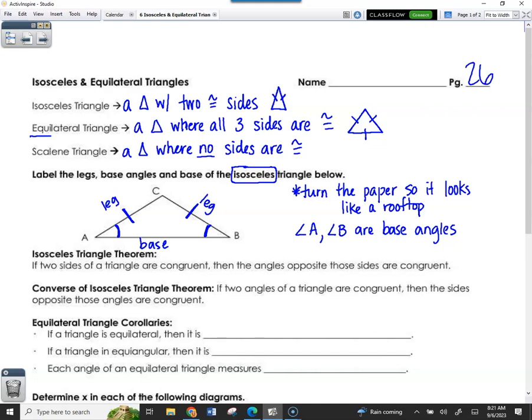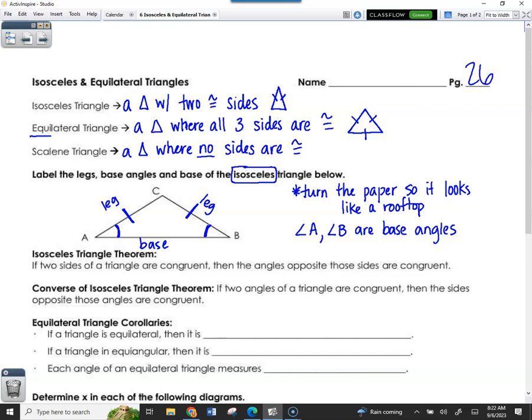Here's what you need to remember. However many congruent sides is the same number of congruent, fill in the blank, louder, angles. I'm going to say it again. In a triangle, however many congruent sides matches the number of congruent angles. So if you have a triangle with no congruent sides, there are no congruent angles.